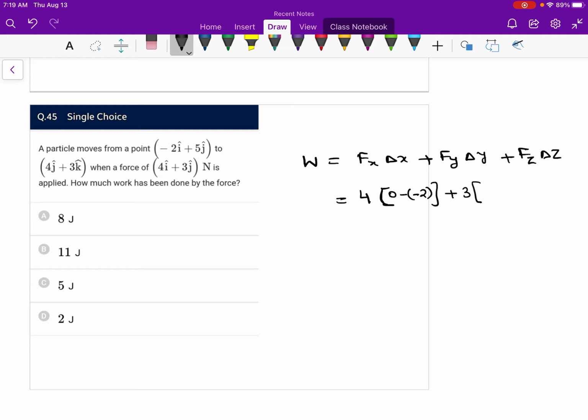Fy is 3, delta y, final y coordinate is 4 and initial y coordinate is 5. Fz is 0, so this is 8 plus 4 minus 5 minus 1 minus 3, so that is 5 joule, so C is the correct option.